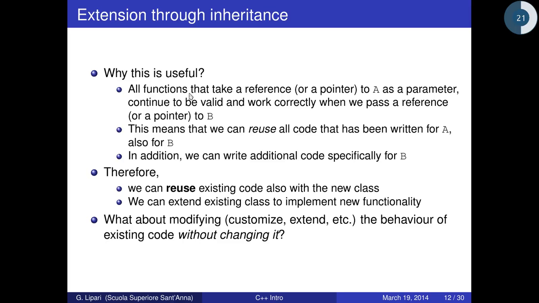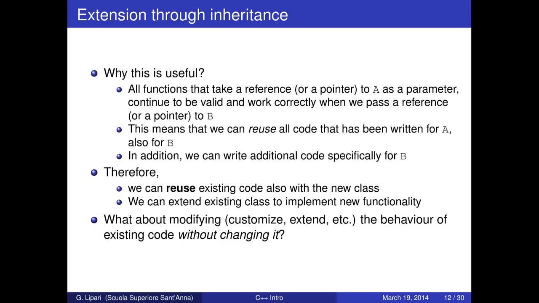So all functions that take a reference or a pointer to A as a parameter continue to be valid and work correctly when we pass a reference or a pointer to B. This means that we can reuse all the code that has been written for A also for B.